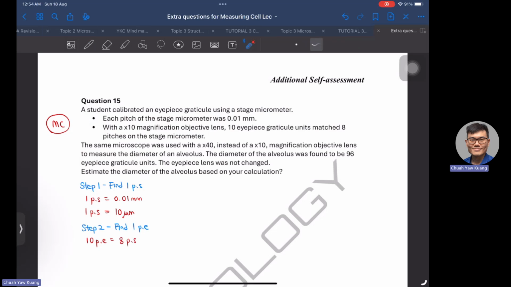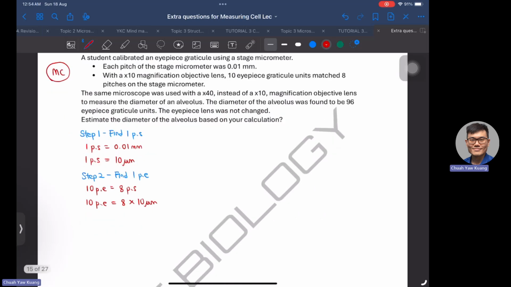Based on what we got just now, one pitch on the stage micrometer is 10 micron. So we sub into here. 10 pitches on the eyepiece reticule is equal to 8 times 10 micrometer. That also means that one pitch on the eyepiece reticule is equal to 80 micrometer divided by 10.